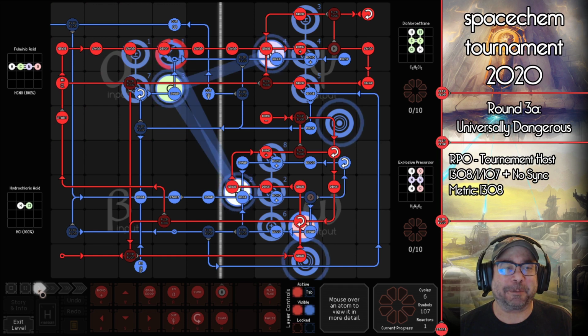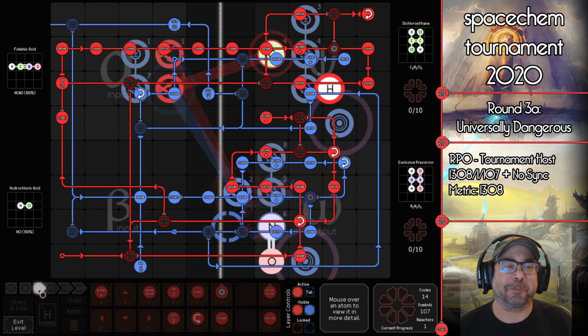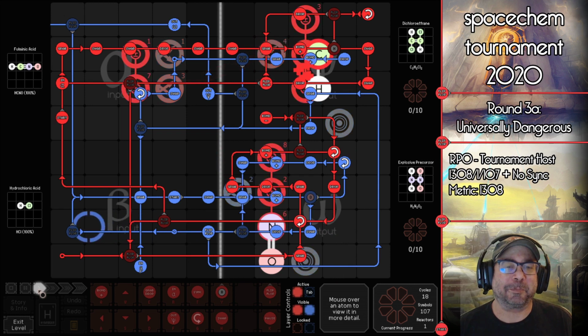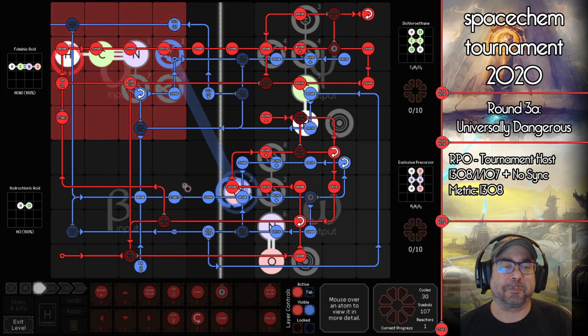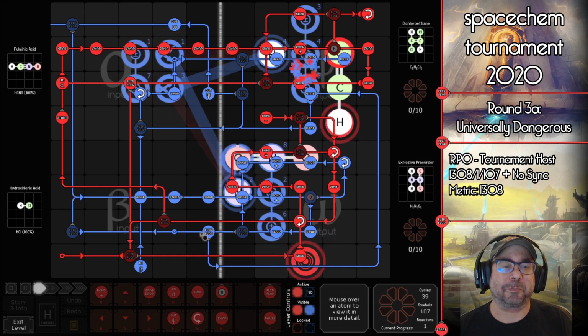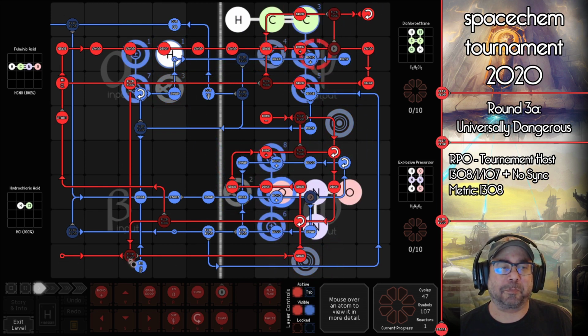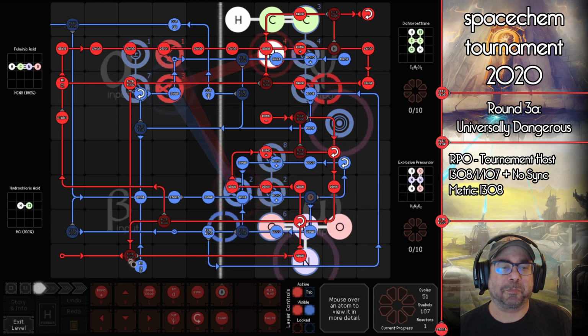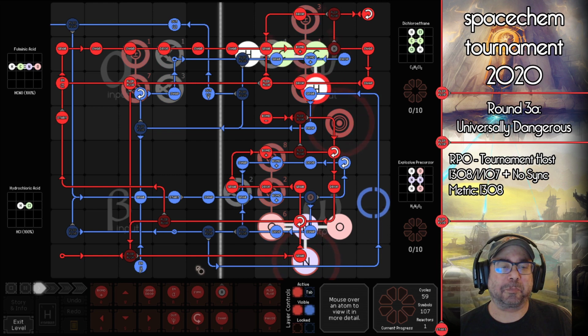So RP0 actually shows us that if you have a bunch of timing loops, you don't actually need syncs at all. For example, if you look at blue right there, it just went forwards and doubled back on an arrow. Also, the bottom left corner for red has this weird area where it goes out to the left corner and then comes back and doesn't seem to do anything at all. All of these things are timing loops.